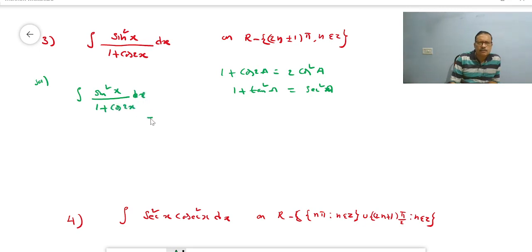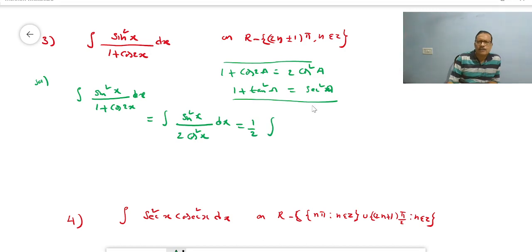This is equal to integral of sin² x by, using this formula, 1 + cos 2a is 2 cos² a, so 1 + cos 2x is 2 into cos² x, dx. That's equal to 1 by 2 into integral of sin² x by cos² x, which is tan² x, so tan² x dx.